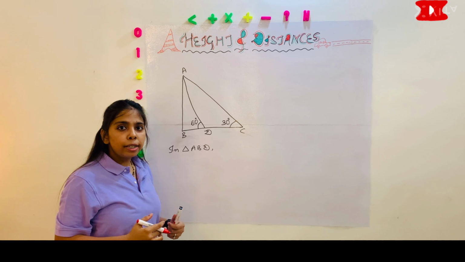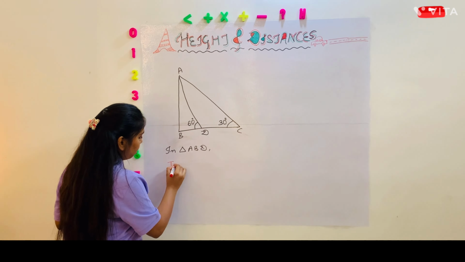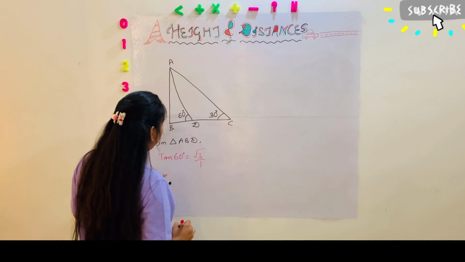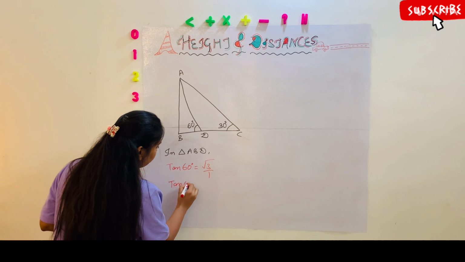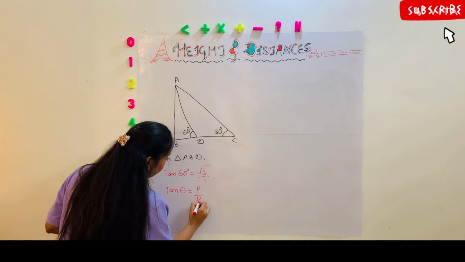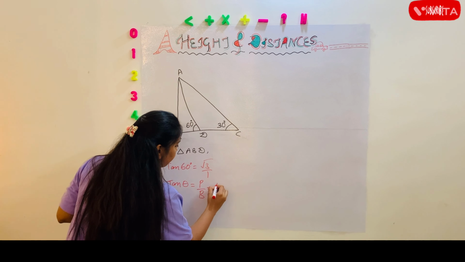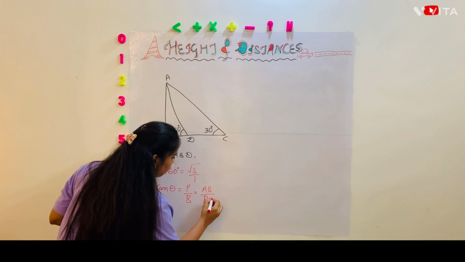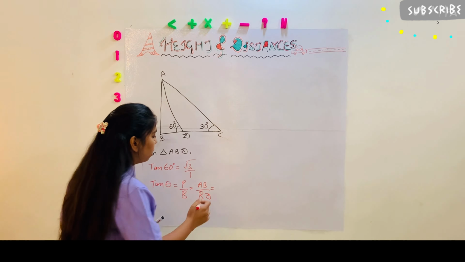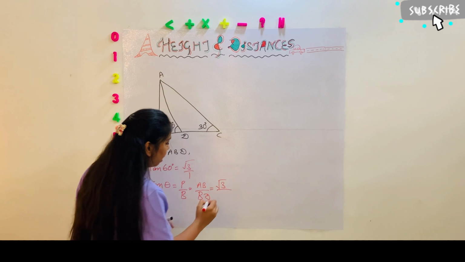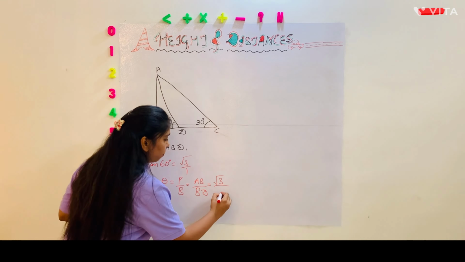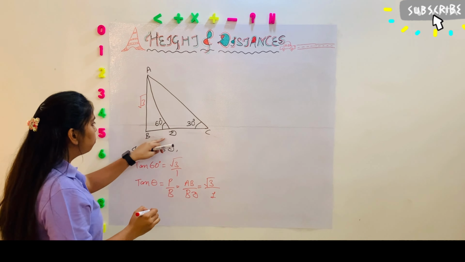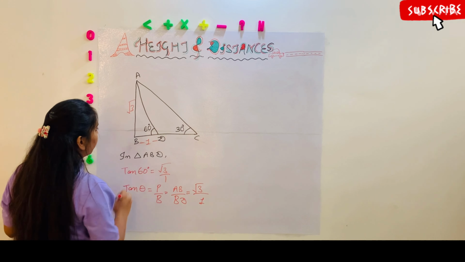So the value of tan 60 degree is equal to root 3, so tan 60 degree is root 3 by 1. Okay. And tan theta is equal to perpendicular by base. And the perpendicular is AB and the base is BD. So the value of AB is equal to under root 3, and the value of BD is equal to 1. Okay.